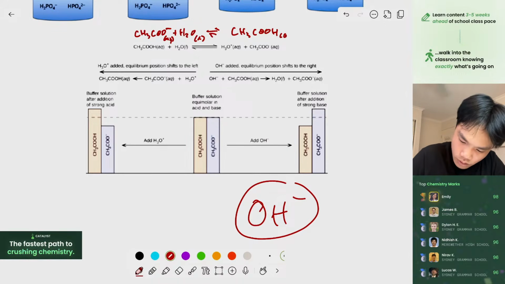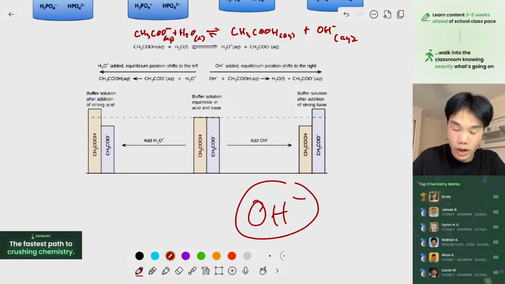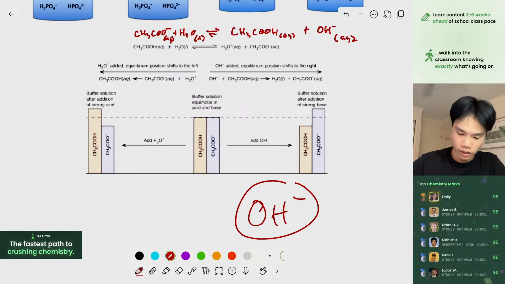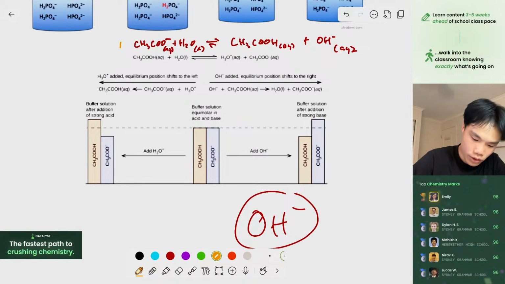CH3COOH plus OH minus. Cool. So for every buffer, there are two buffer equations. When you write your explanations, you should have both to be very comprehensive. But when you talk about the shift, you only reference one of the equations, if that makes sense. So we can talk about it in terms of either of the equations. Let's try the first one, it will be pretty much the same as what we just did.